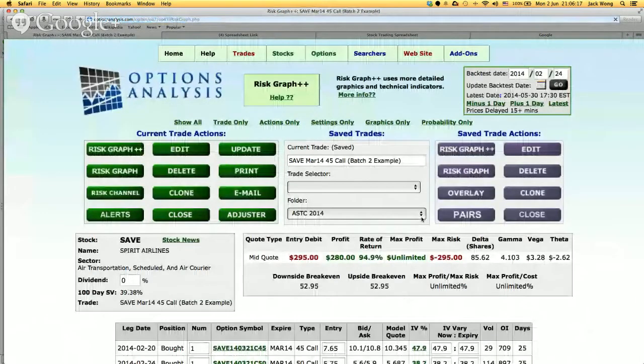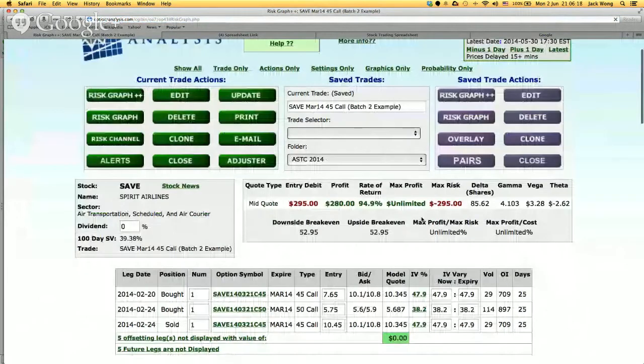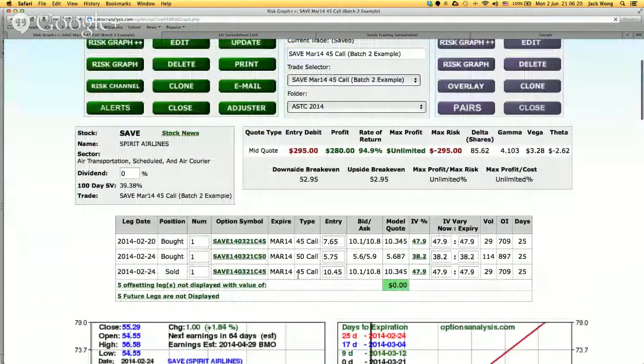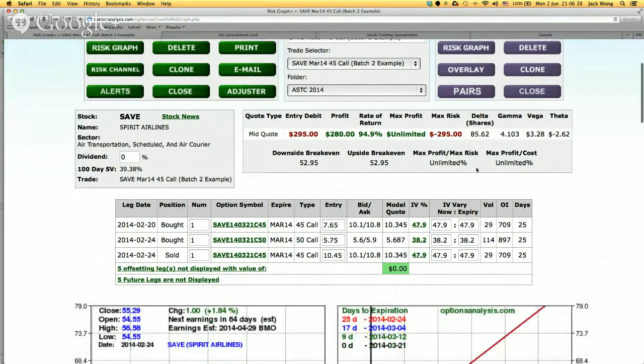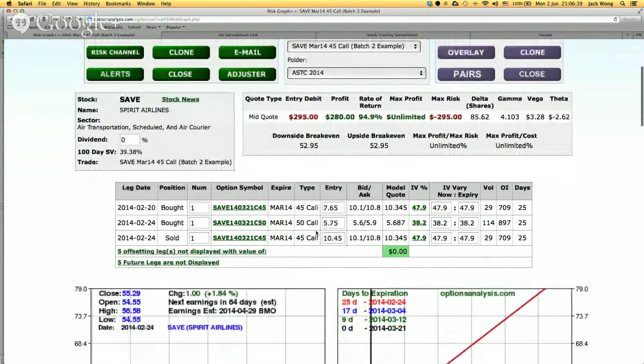Here's what we do. We essentially sell the 45 call and buy the next call available. As a result, we reduce our delta from originally 95 to now 85.62. Now think about this: can I roll up to the 55 call?